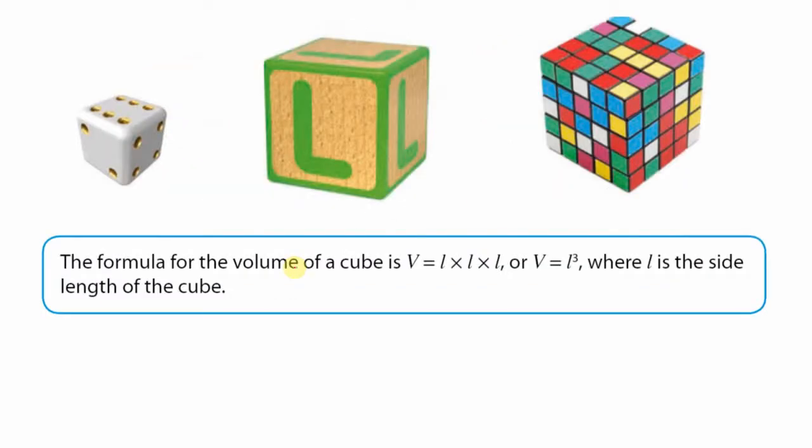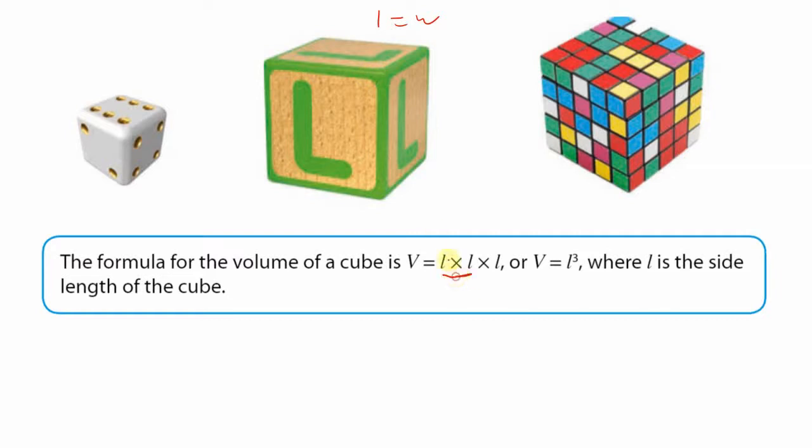Now the formula for the volume of a cube. Remember, in general we first need the area of the base. In this case we have a square base at the top and the bottom, and for a square, length and width are equal. So we could say we actually have length times length.